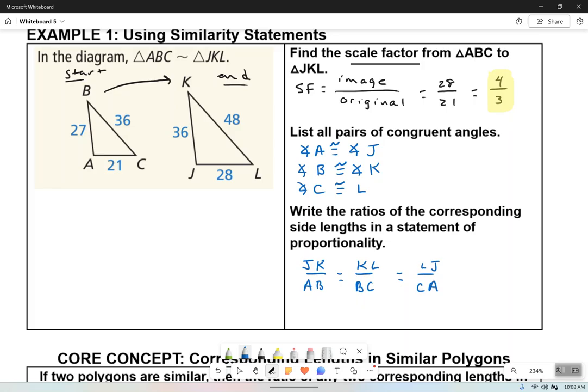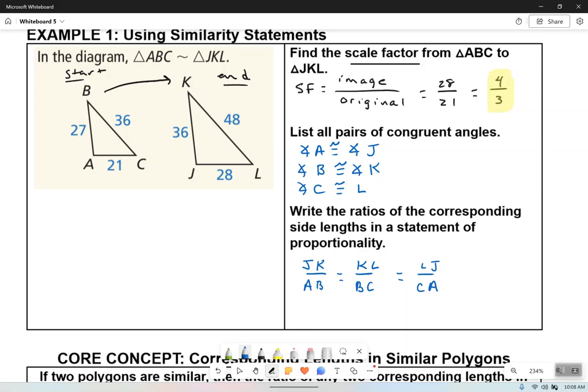When they say write your ratios of corresponding side lengths in a statement of proportionality, you would say the ratio of J to K is to AB as that distance K to L is to what? That's like two more slanted sides right here compared to each other. Or that ratio could also compare LJ to what? All right. So I think you get that.